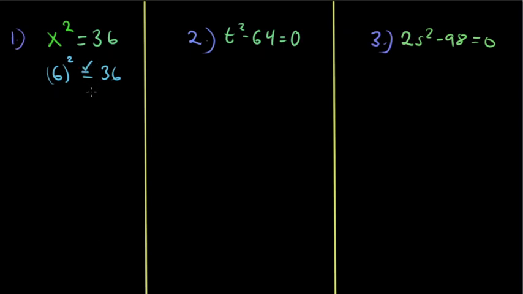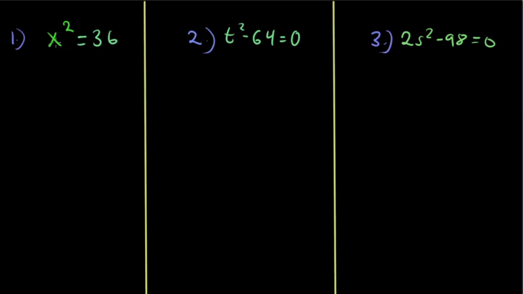Pero paano ko yung gagawin kung halimbawang mahirap isipin kung ano yung value, ano yung unknown value? Well, you can use algebra every time. To do that, kailangan mo lang i-extract ang root. Ginagamit na natin yung term, i-extract ang root.